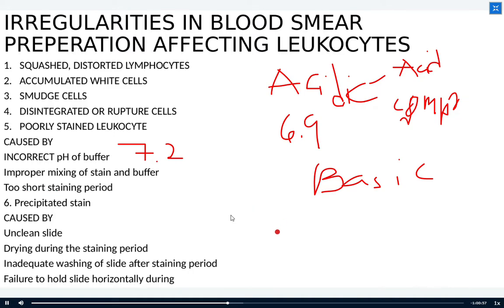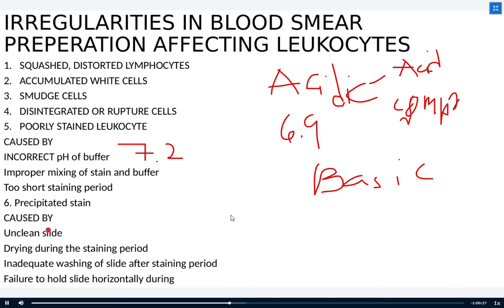So if your staining period is too short, let's say the normal for hematoxylin is 45 seconds and you only did 15 seconds, the hematoxylin dye would not bind properly with the basic components. Again, if the staining period is too short, the dyes would not properly bind with their right components.